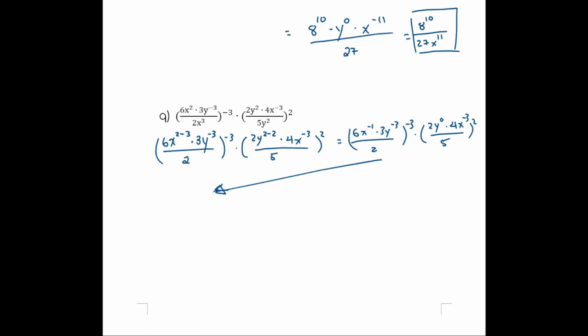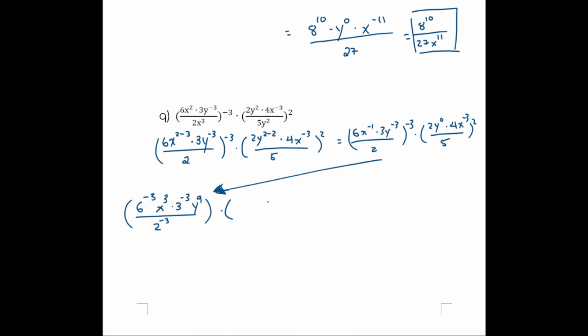Here we can distribute that exponent of minus 3 by multiplying it to the exponent of everything inside. So that's going to give me 6 to the minus 3, x to the minus 1 times minus 3 is positive 3, times 3 to the minus 3, y to the minus 3 times minus 3 is positive 9 over 2 to the negative 3, okay?